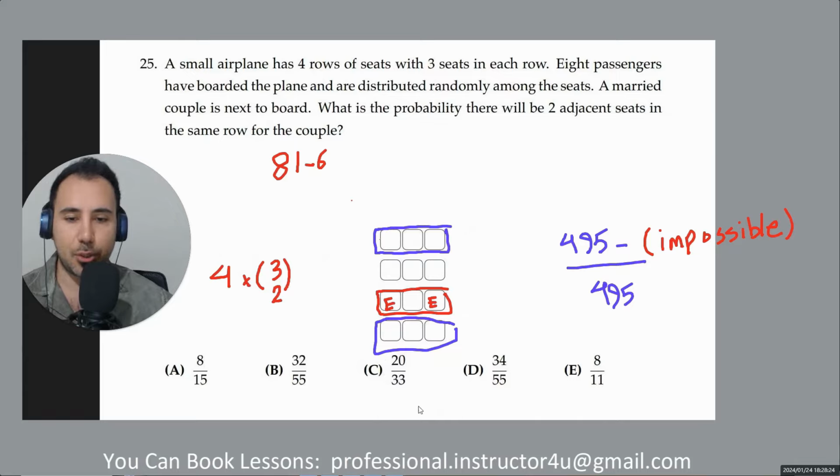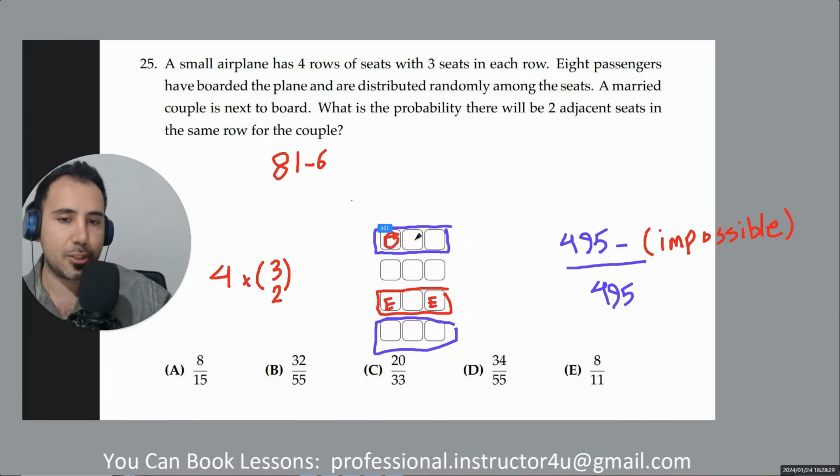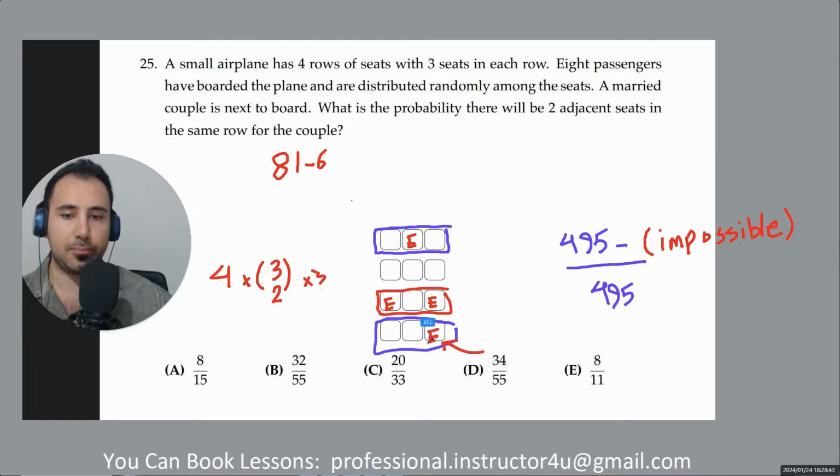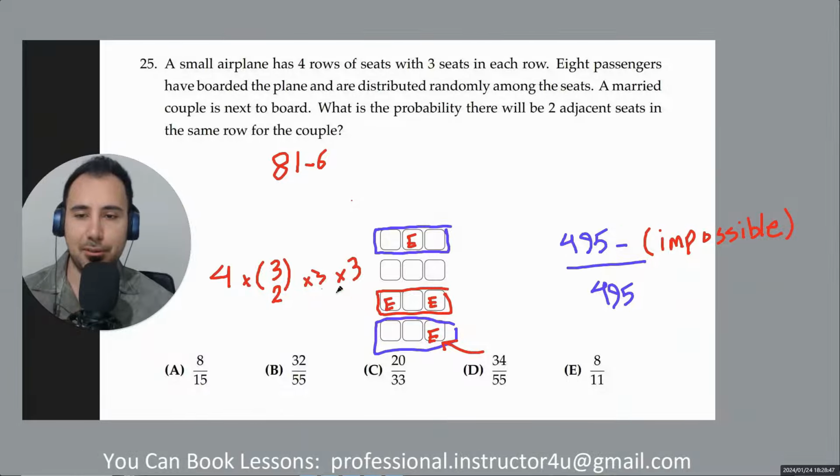Okay, now that I chose it, I could just pick any of these 3 to put E in it, or choose any of these 3 to put A in it. So I have a 3 choice to put. I'm going to choose this one. It's going to get a times by 3. Or I could just choose this one, another one. So the last ones are going to be 3 times 3.